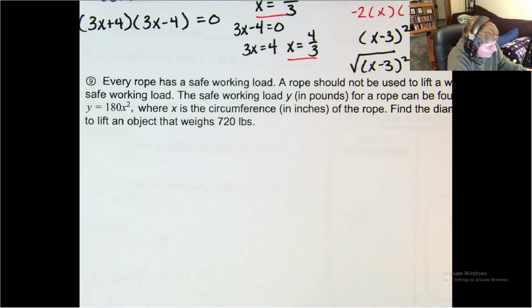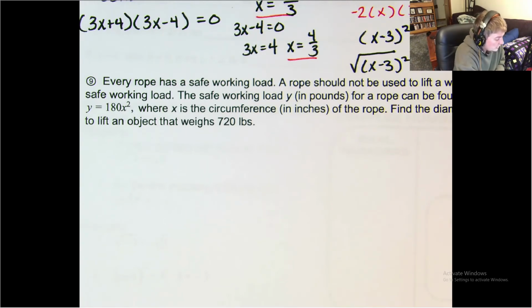So I have a rope, and they're circular in nature, and how much weight a rope can hold is going to be determined by the circumference of that circle, so like the distance all the way around it. Find the diameter of a rope needed to lift an object that weighs 720 pounds.